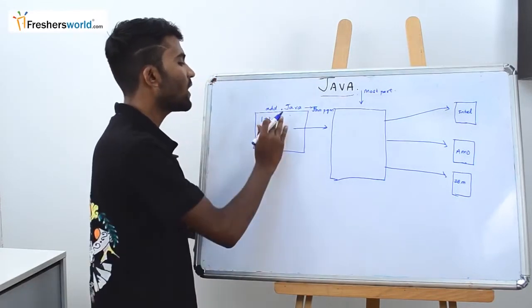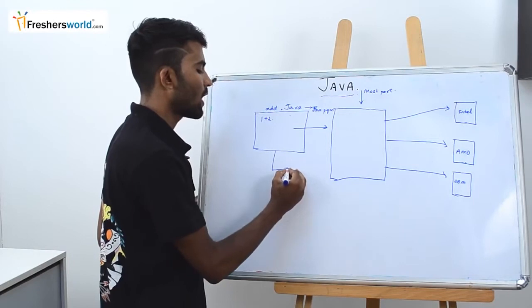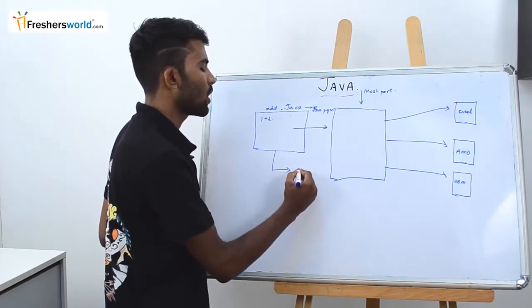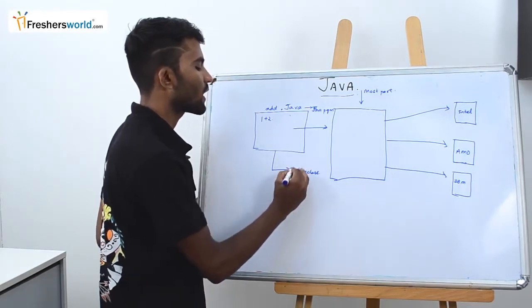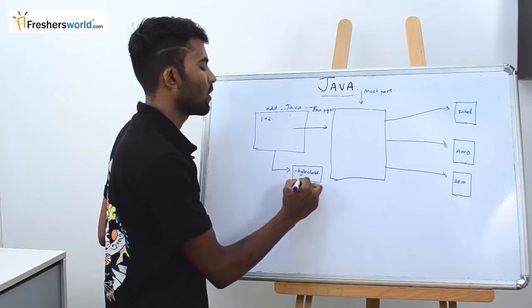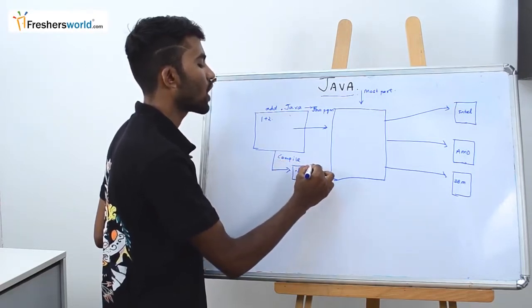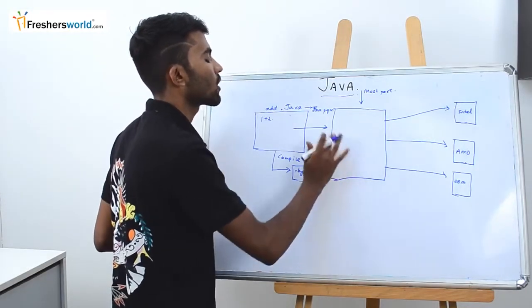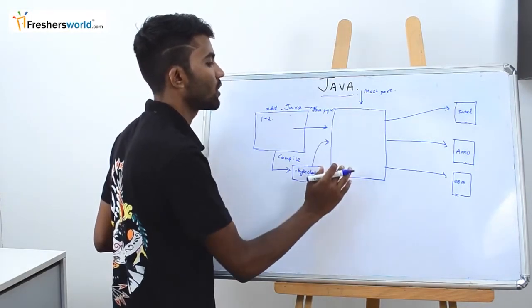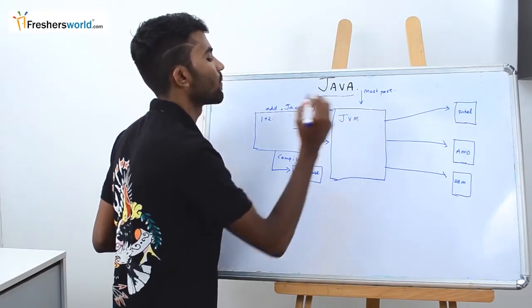Now whenever I write a .java class and I compile, I get a class known as .byte class. So whenever I get a .byte class, when I compile a Java program, I give this .byte class to a person or to a virtual machine called JVM.